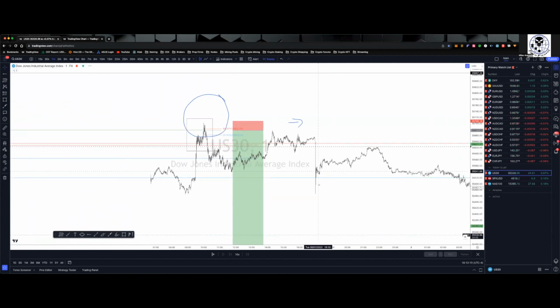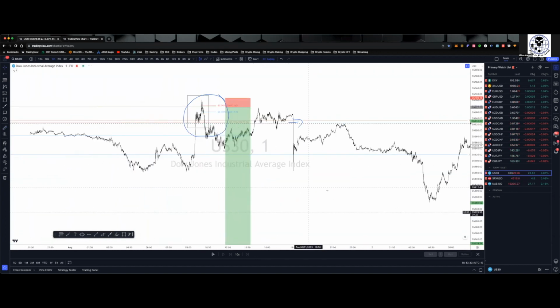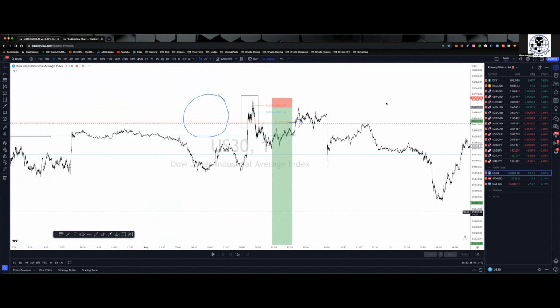Obviously, you had the distribution, price comes right back into the 50%. I'm not sure if you would have been filled on the 80, but you definitely would have been filled on the 50. And the 50 would have been a 40-point stop with a couple hundred points to the downside. So I think it would have been definitely worth it. It just happened during power hour and I wasn't up for it.